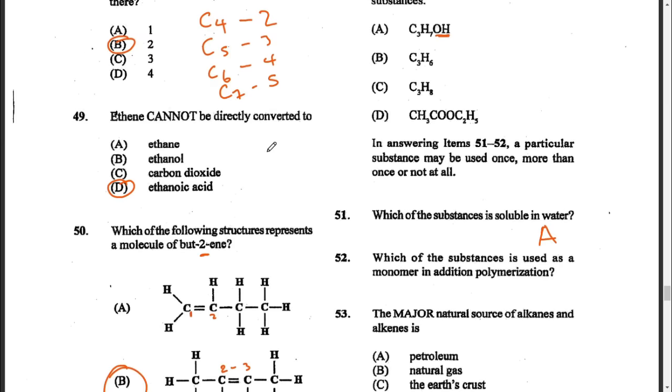52. Which of the substances is used as a monomer in the addition polymerization? There are 2 types of polymerization: addition polymerization and condensation polymerization. Addition polymerization only belongs to the alkenes. Only the alkenes would undergo addition polymerization, right?